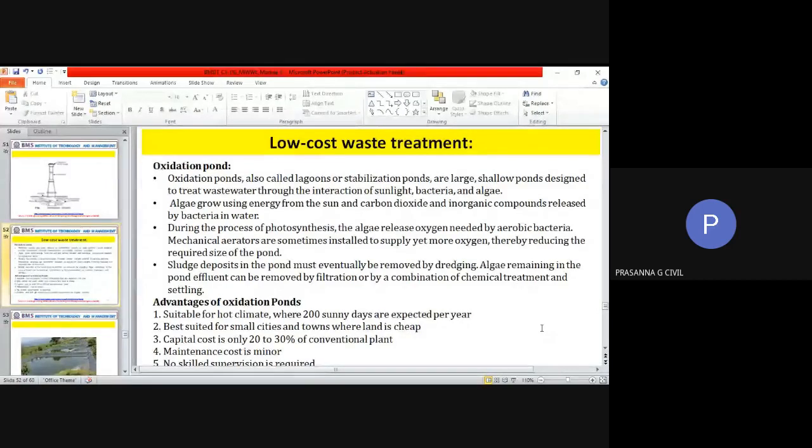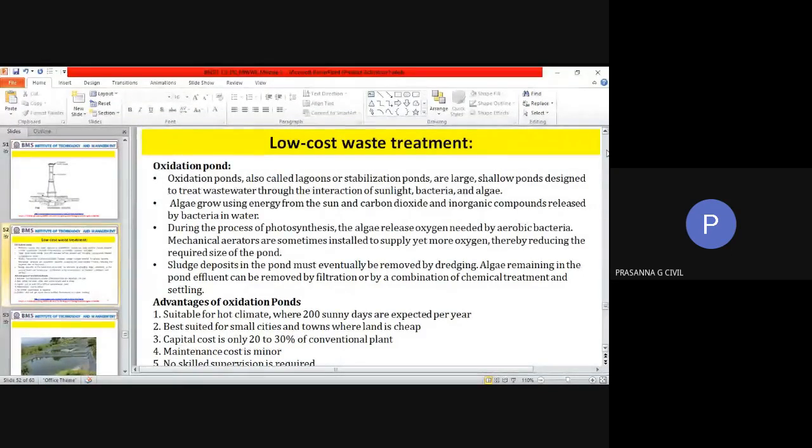So now let us look at oxidation pond. These ponds can also be called stabilization ponds. Sometimes they are called lagoons. You have heard the term lagoon, right? A lagoon is usually seen near the ocean, where a part of the ocean water somehow gets separated by a strip of land and you have a pool.